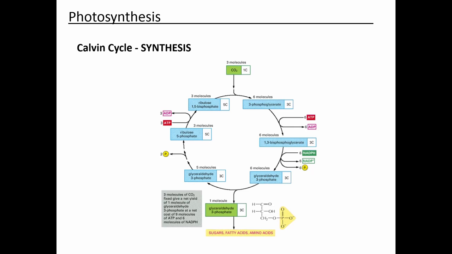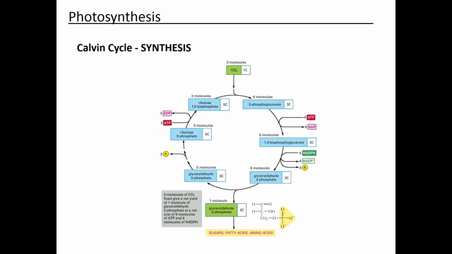Okay, and then the next stage is the reduction and carbohydrate production. And so this stage is going to start with the product of the carbon fixation stage. So you're going to have 6 3-phosphoglycerate molecules.